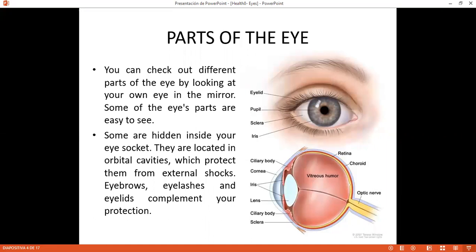Some of the parts are the eyelid, the pupil, the sclera, and the iris, which we will also mention when we are checking the inside, because they are an extended part.